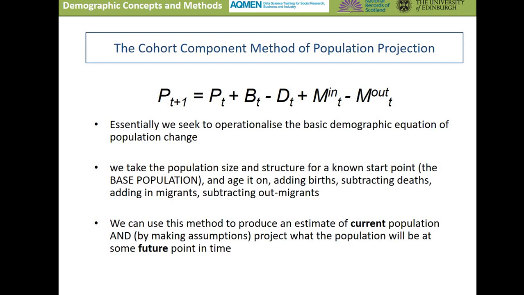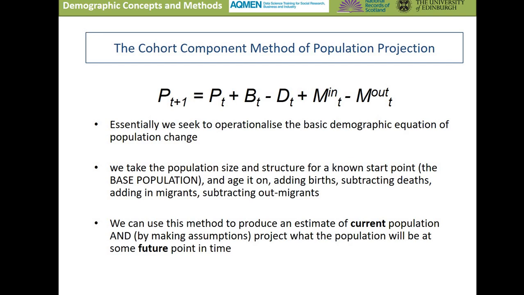So the cohort component method of population projection is represented by this basic demographic equation of population change, in that if we are interested in the population at time t+1, we take the population in our base year t, we add on any births that occur, we take away any deaths that occur during time t, we add in migration, and we take away out migration to give our population at time t+1.